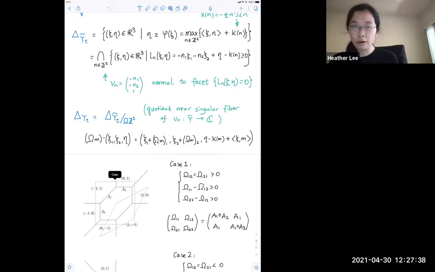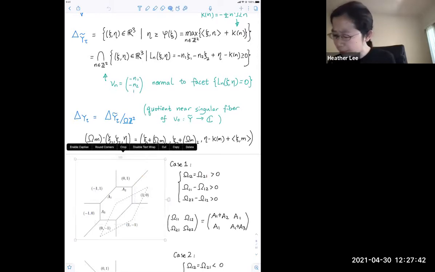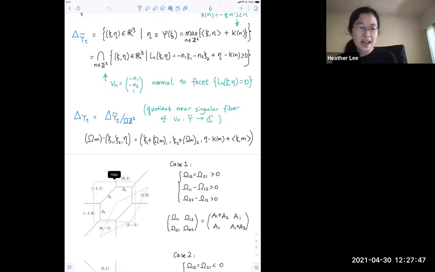The facets are all labeled by n in Z^2. In the middle here, there is a facet corresponding to the (0,0) facet. If you look at which other facets are adjacent to the (0,0) facet, there can only be 8 different possibilities: (0, ±1), (±1, 0), (±1, -1), or (±1, 1). So there are 8 potentially adjacent facets.